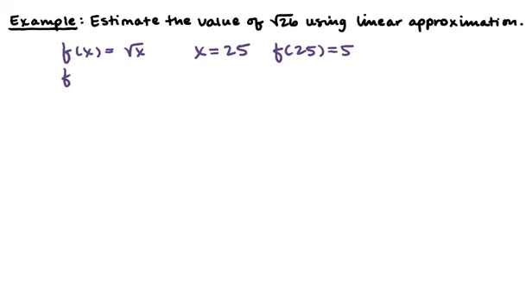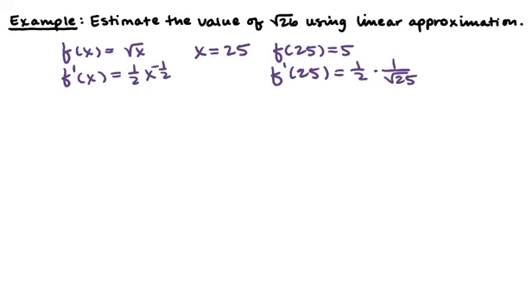Now, f prime is going to be 1/2 x to the negative 1/2. So if I plug in 25, f prime of 25 is 1/2 of 1 over the square root of 25. So that's going to be 1/10. So the equation of the tangent line is y minus 5 equals 1/10 of x minus 25.